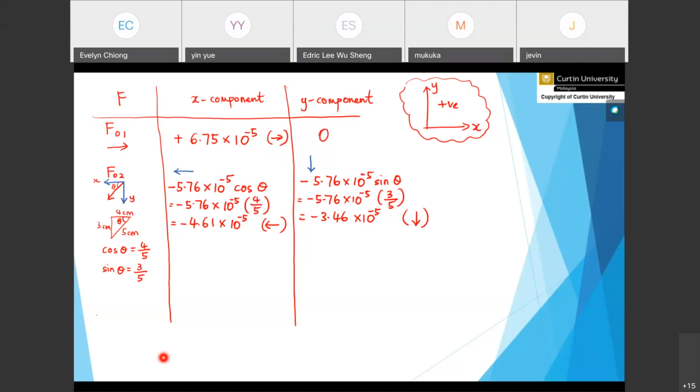So after getting the x and y component for both of the electric forces, then we want to get the net. All right, so you can draw a line here. Okay, so now I want to get, so you just add them up, okay? So if positive on this one, so 6.75. Okay, this is positive, but this is minus, right? The 4.61 is negative, so you minus.